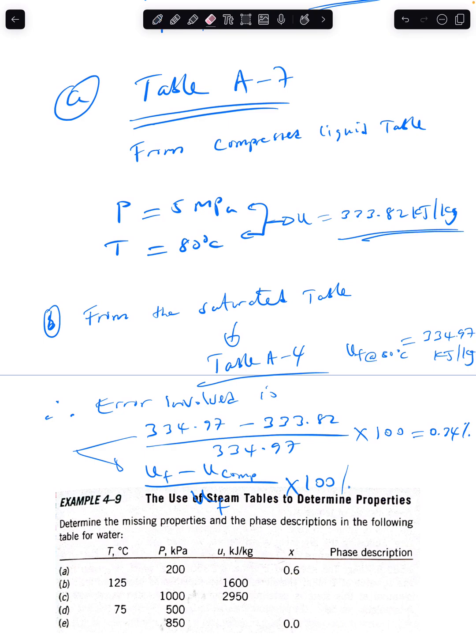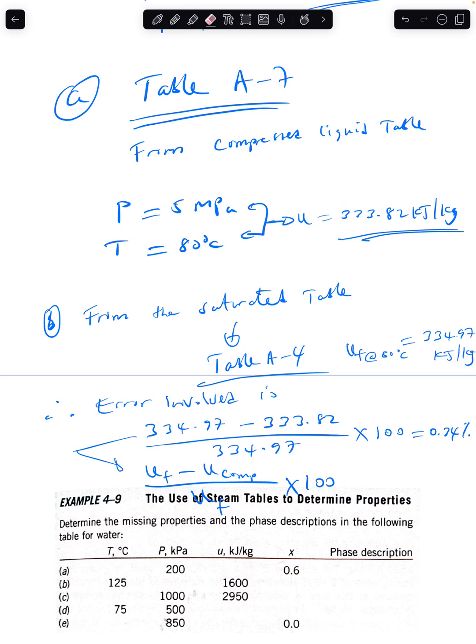That is how we determine the percentage error. It is done like that because when the fluid has undergone saturation, there is a loss of energy due to vaporization.